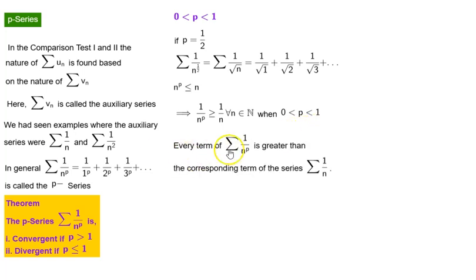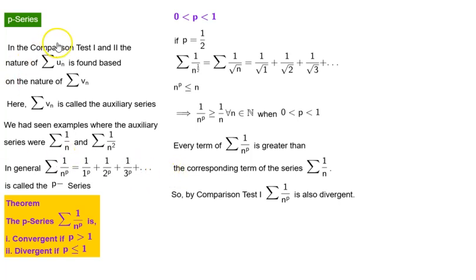So every term of the series 1 by n to the power of p is greater than the corresponding term of the series 1 by n. So by comparison test 1, the series 1 by n to the power of p, where p is between 0 and 1, is also divergent. So this was very straightforward.